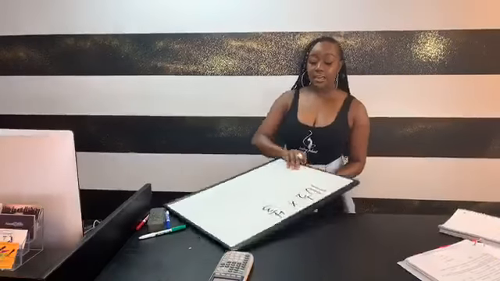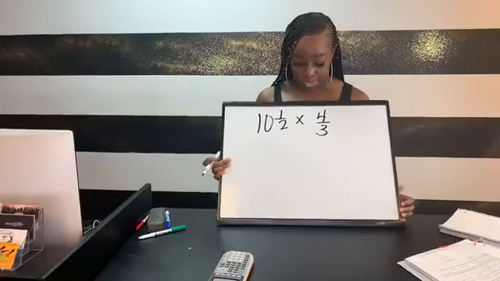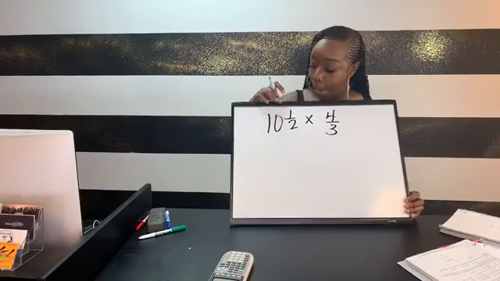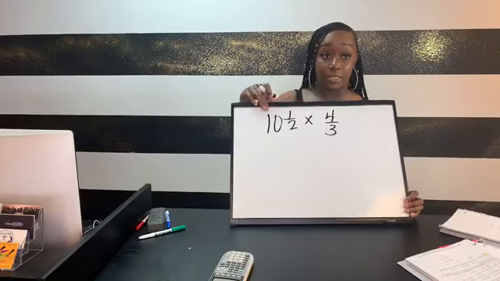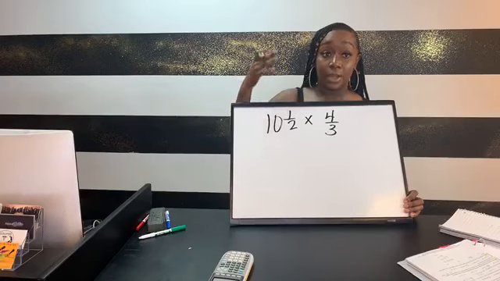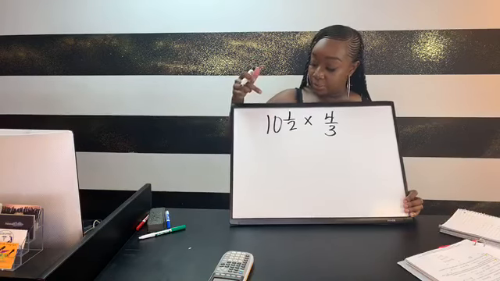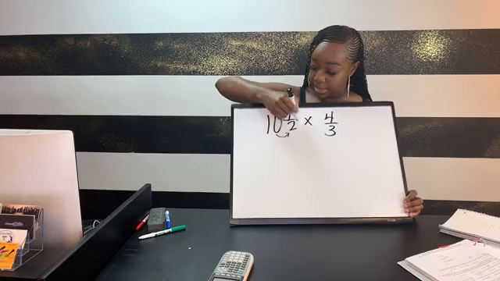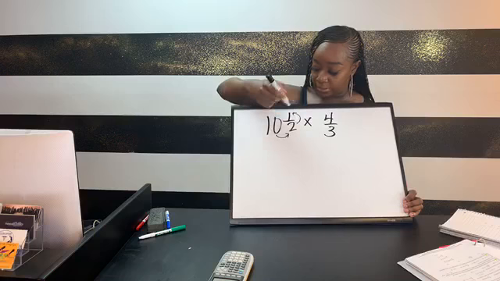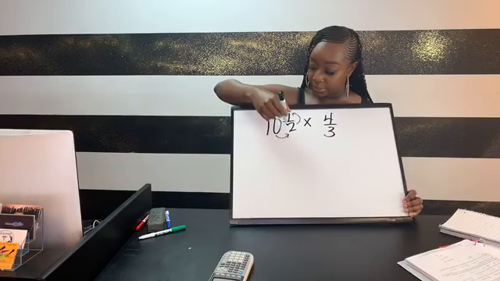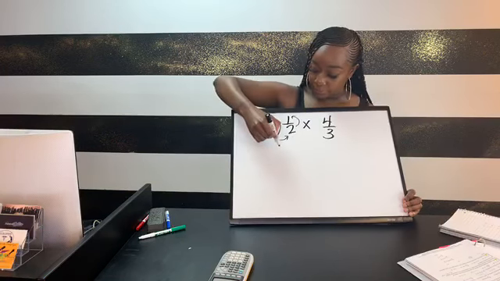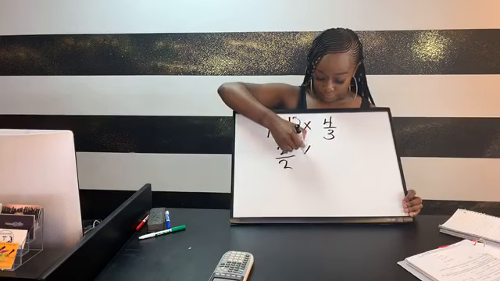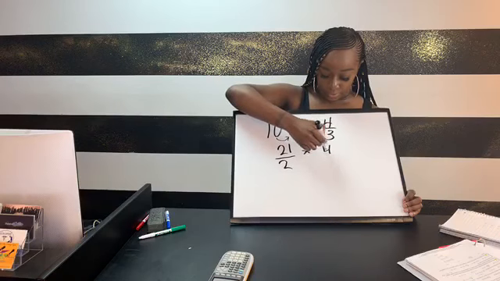So remember, anytime you see a mixed number, and it doesn't always have to be 2 mixed numbers, what you want to do is convert it to an improper fraction. So you multiply the whole number times the denominator, and then you add that to the numerator, the number at the top. So 10 times 2 is 20, plus 1 is 21. So that's going to give us 21 over 2. And then we just bring down our 4/3.